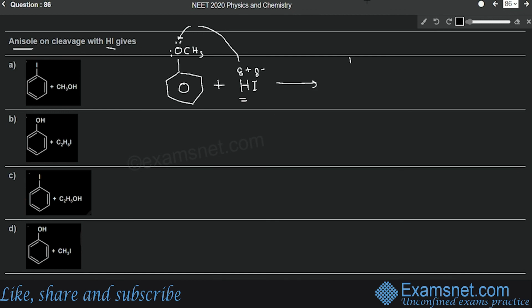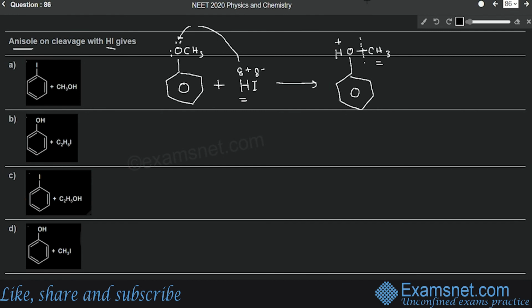So what will be formed? This is the benzene ring. This side we have OCH3 and hydrogen will also get added to oxygen. So OH, and the oxygen will bear a positive charge. In order to neutralize this charge, this methyl group has to leave the oxygen.